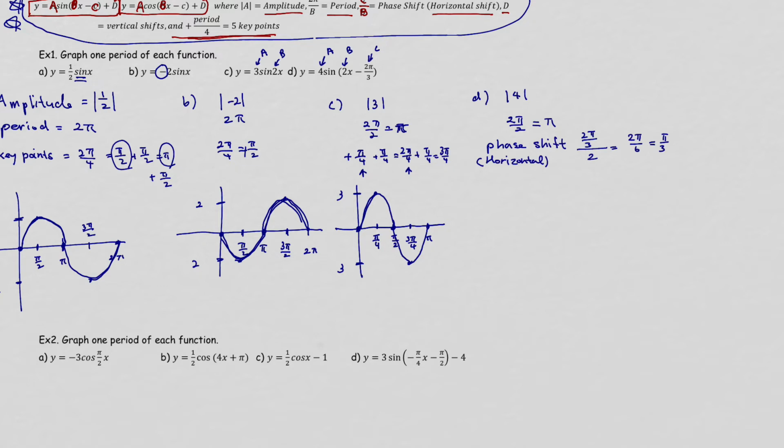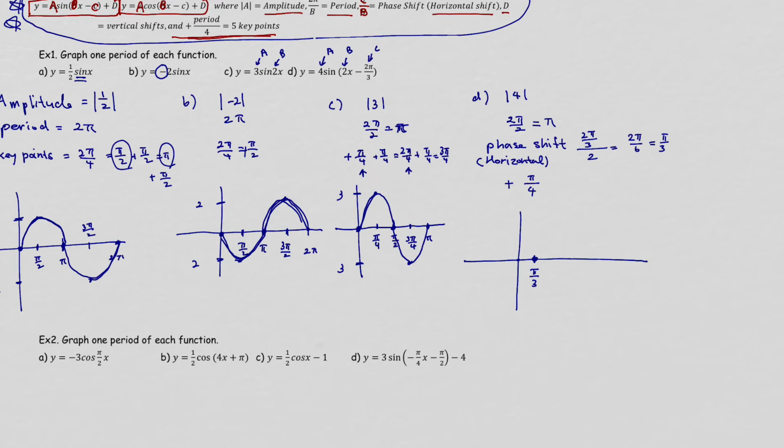And then again, going back to the 5 key points, we're going to add your period over 4, so you're adding pi over 4. So let's see if we can graph. Where are we starting? We're starting from not 0, 0 anymore because you have horizontal shifting. So instead of 0, 0, we start from pi over 3.